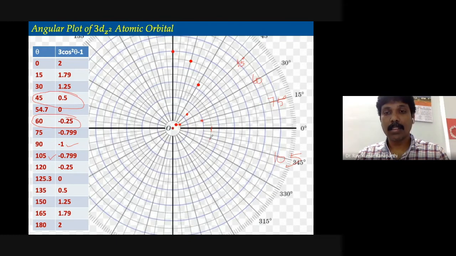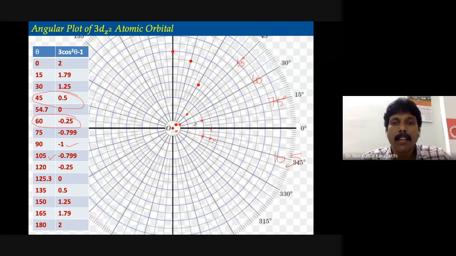Okay, this is somewhere here. I think I have made a small mistake. Sorry, this is the one. I think at 105 is 0.8. This is 1 unit, actually. So this is 1, and you can see the symmetry, there is a nice symmetry.